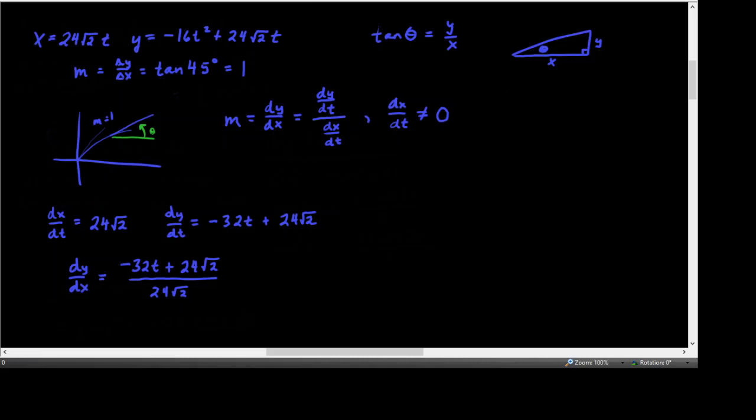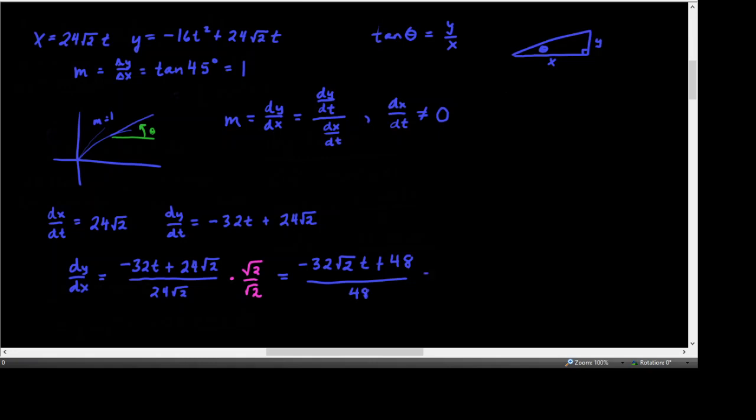And so if we multiply this to rationalize the denominator, we'll multiply it by square root of 2 over square root of 2, that form of 1. And we'll get negative 32 square roots of 2 times t, plus 24 times 2 is 48, divided by 24 times 2, which is 48.